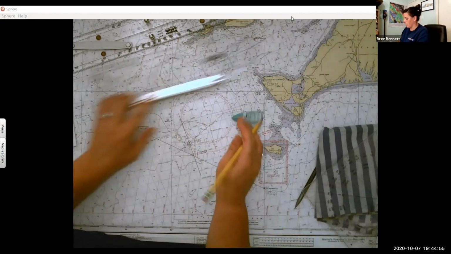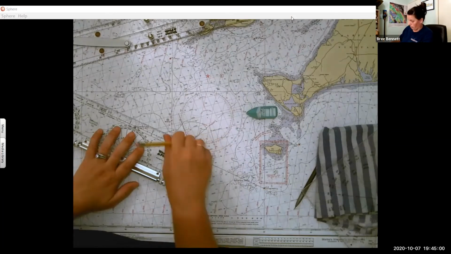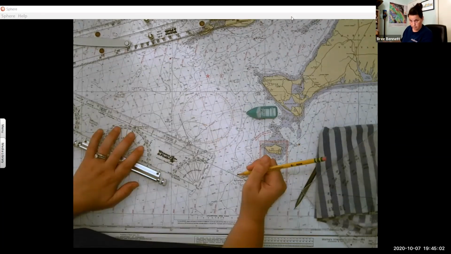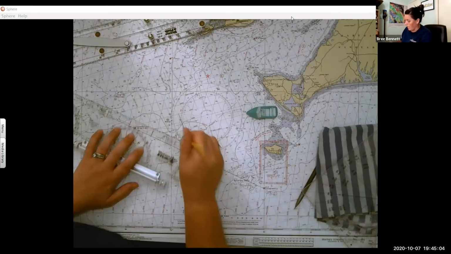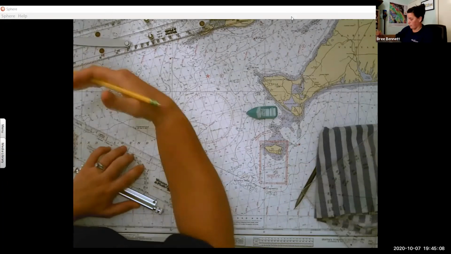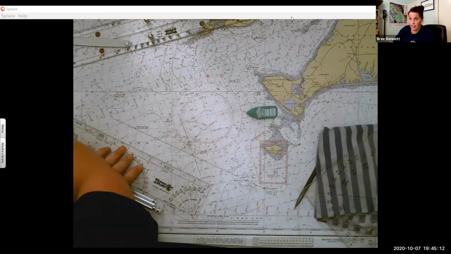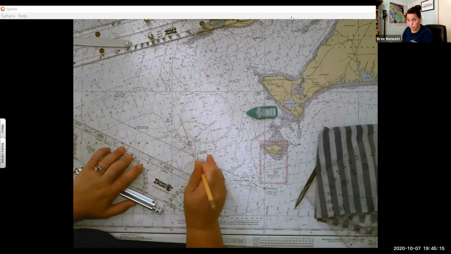So do we just continue our 294 from our known position? Every time we get a fix, we then have to plot our DRs again, because now we have a new known position.